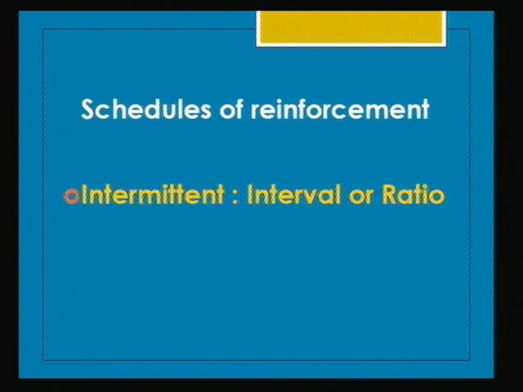Interval reinforcement means that you give the reinforcement after certain time intervals. For example, you may decide to give the reward every 5 minutes or every 1 hour. That is known as interval scheduling.